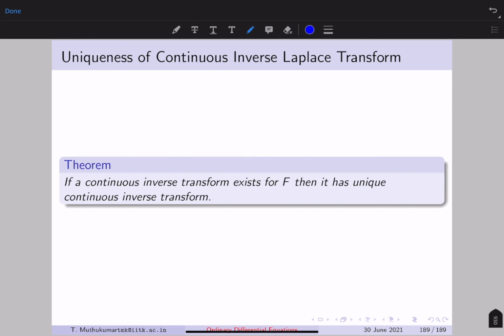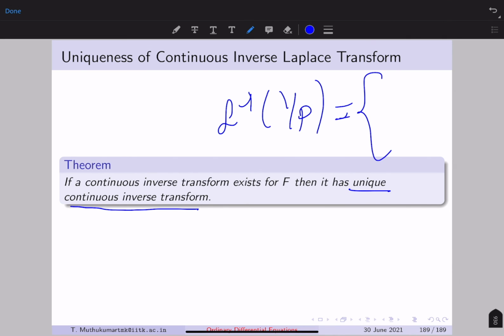So there is a result which tells you about the uniqueness of the continuous inverse Laplace transform. In general, the inverse Laplace transform is not unique, but if you are looking for a continuous inverse transform, that is, the inverse transform has to be a continuous function, then there is a unique inverse transform. For instance, for the inverse transform of 1 over p, there are many, but if you are looking for a continuous function whose transform is 1 over p, then that is 1 only.